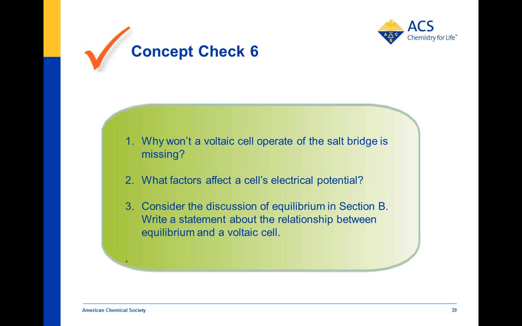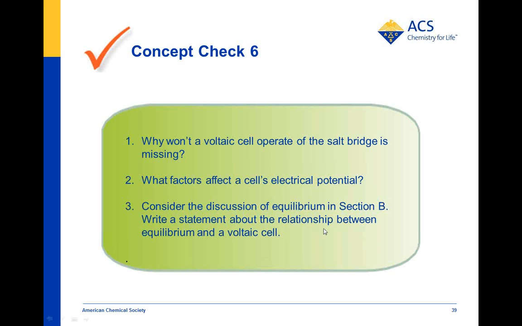The second one is trying to get them to think about all of the questions that they and their classmates have asked. And then the third one is having them start to think about what they learned in Section B about equilibrium and how that might apply to a voltaic cell. And is it desirable to have a voltaic cell at equilibrium or not?